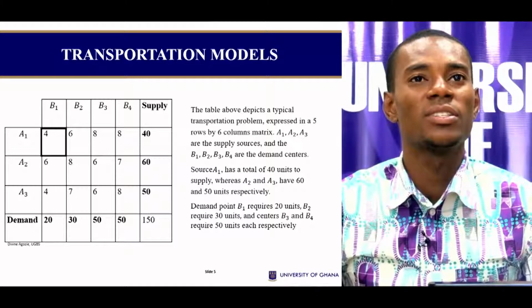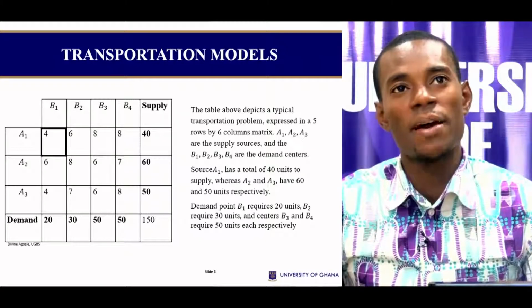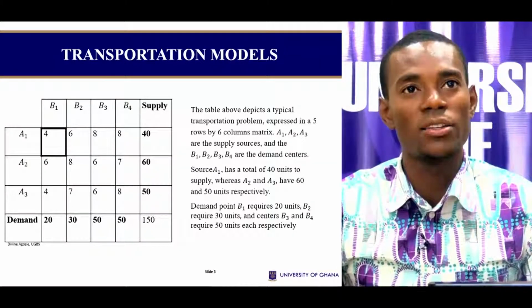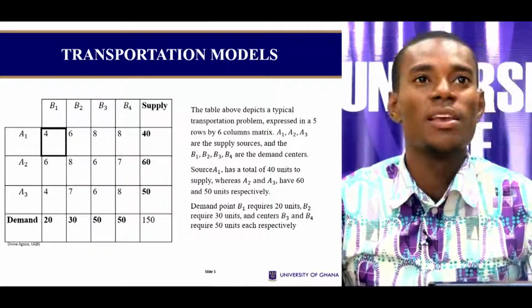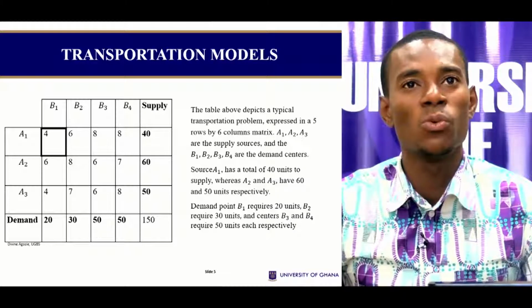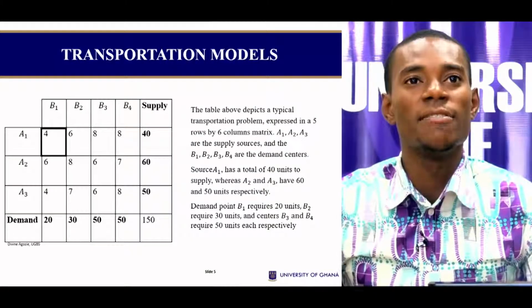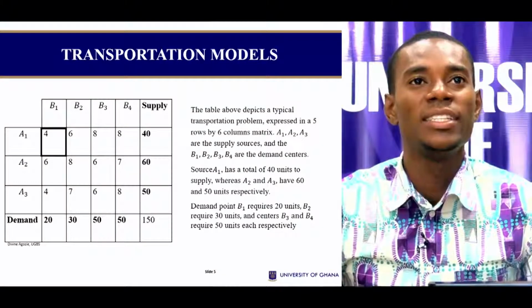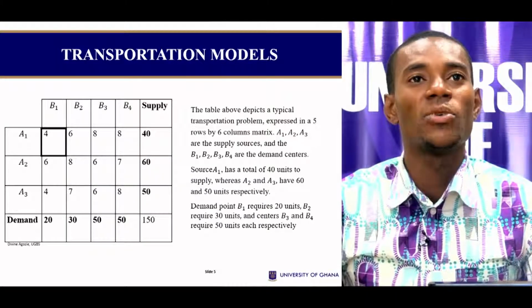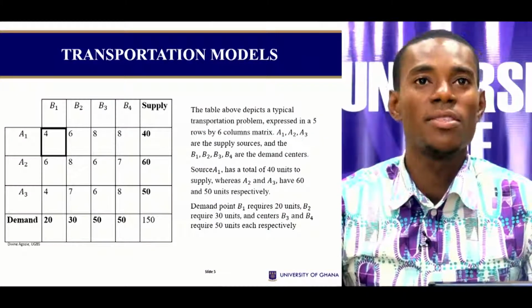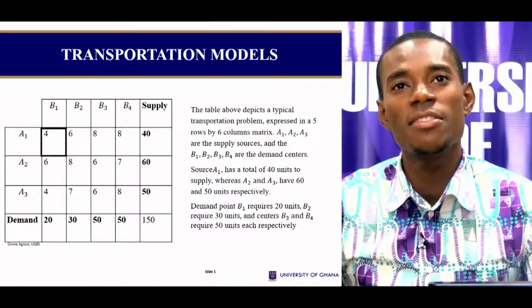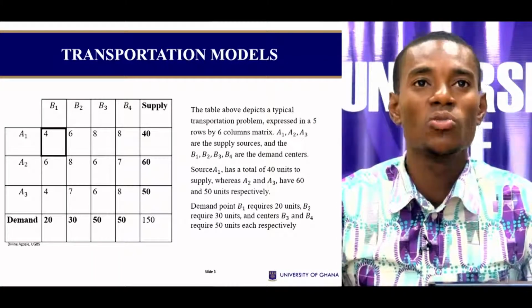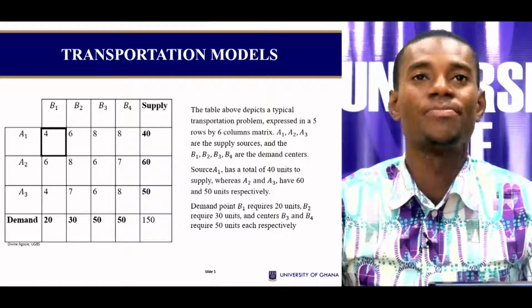So we are saying that if I'm going to move from A1 to B1, it will cost me, let's say, 4 cedis. If I'm going to move from A1 to B4, it will cost me 8 cedis. If I'm going to move from A2 to B3, it will cost me 6 cedis, in that order. So those values are the per unit cost of transportation.